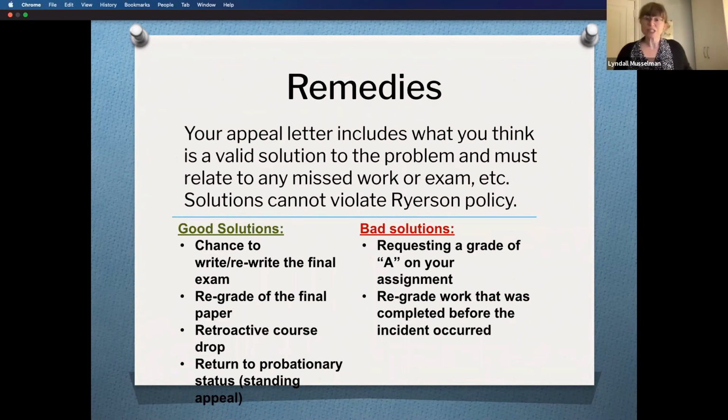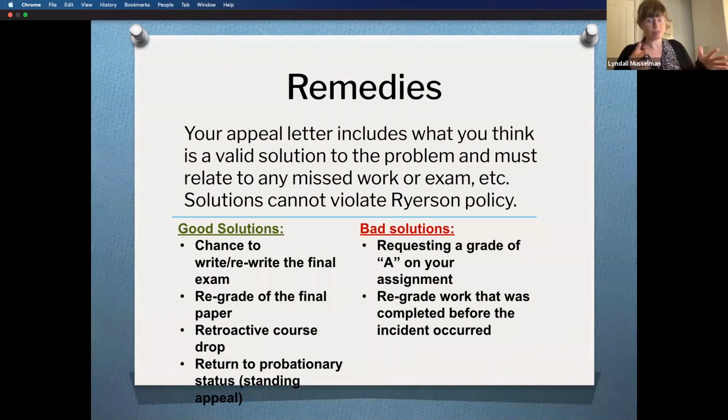Your decision maker at the departmental or school level could recommend or support your request, but then they have to pass it over to the registrar's office to make the final decision.